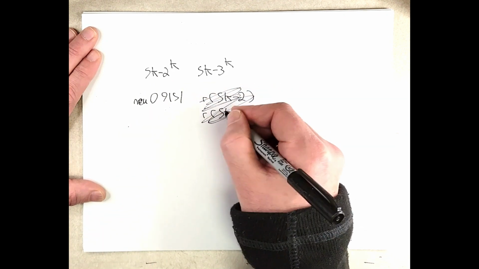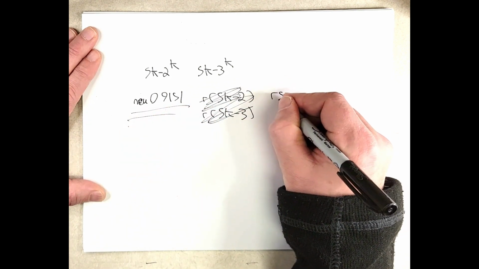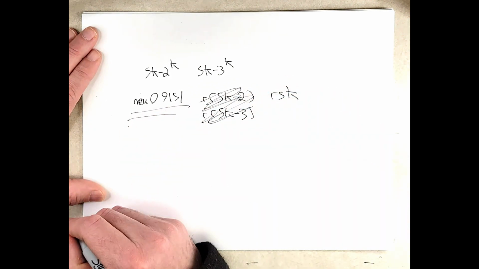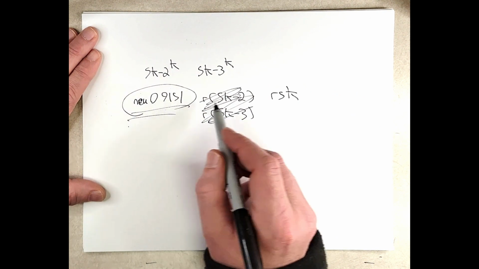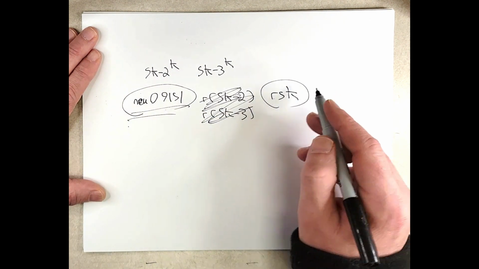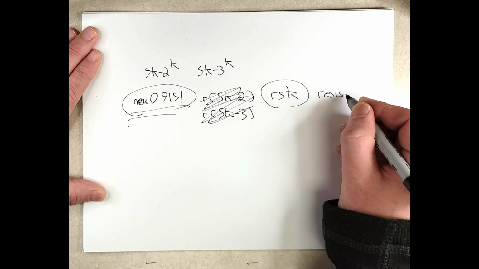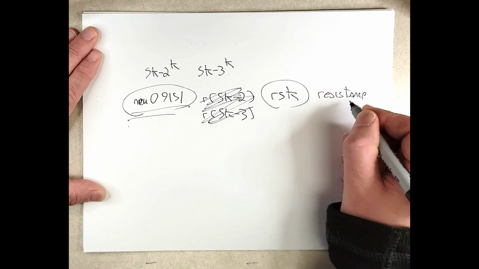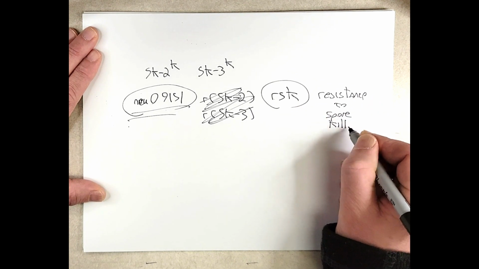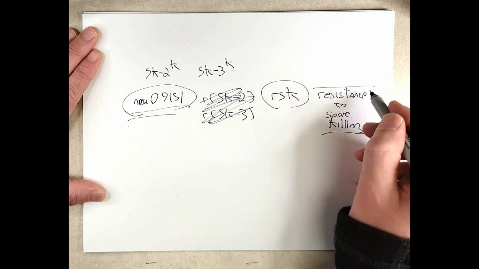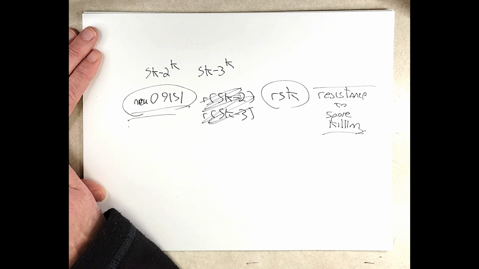Now, the common name of this gene is just RSK. So the database name is NCU09151. The common name is RSK for resistance to spore killing. And not all alleles provide resistance to spore killing, only some alleles confer resistance to certain types of spore killing.